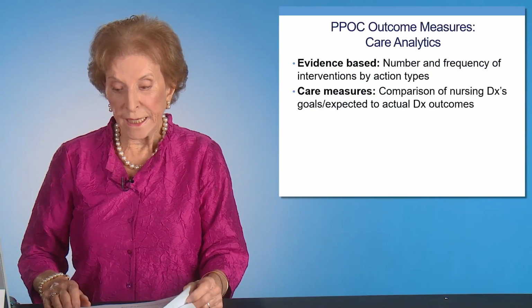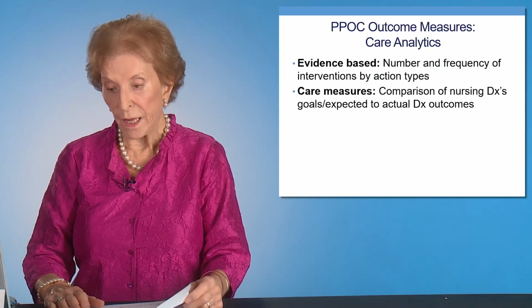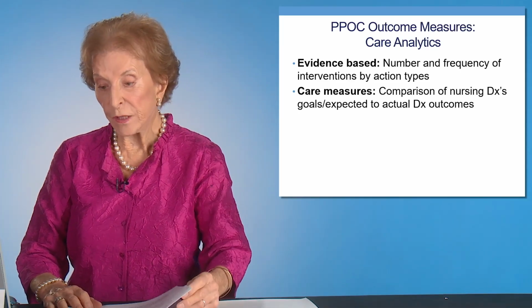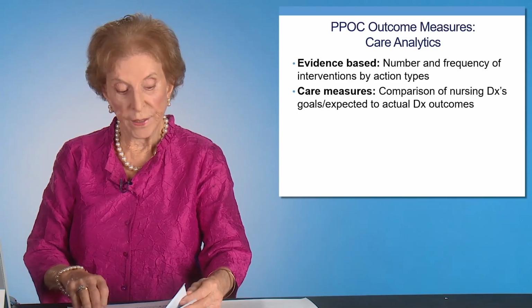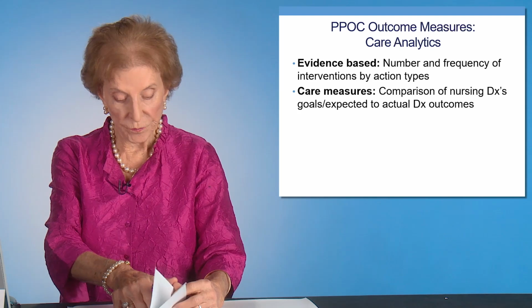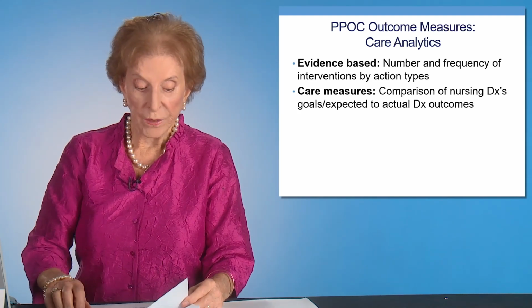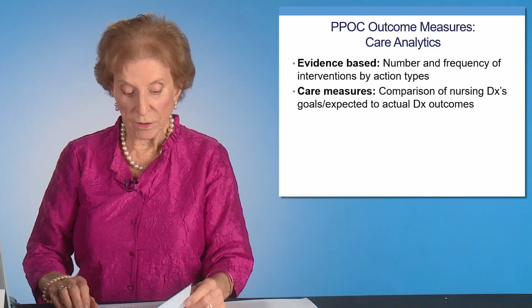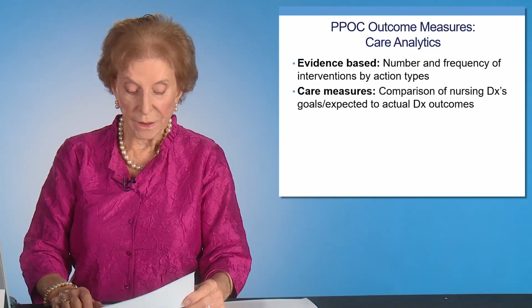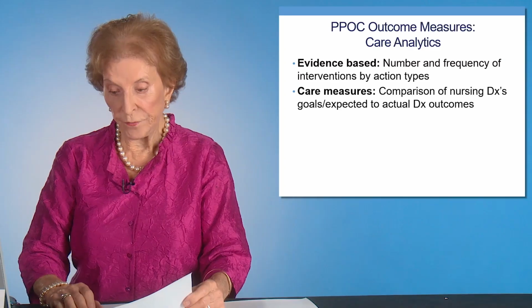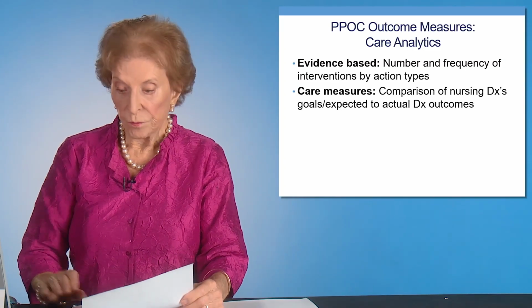Such data can be used to generate evidence-based information, based on the frequency of the interventions by action types, and care measures by comparing the expected outcomes to the actual outcomes. And that would be a chart, and it works. We've done that several times.